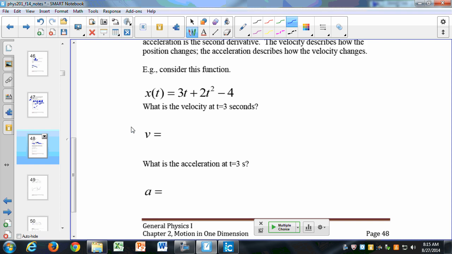If you recall, if I have a function x equals a t to the n, then the derivative of x with respect to t is going to be a times n times t to the n minus 1. So go ahead and take the derivative, then just plug in t equals 3 seconds and tell me what is the velocity at that point.